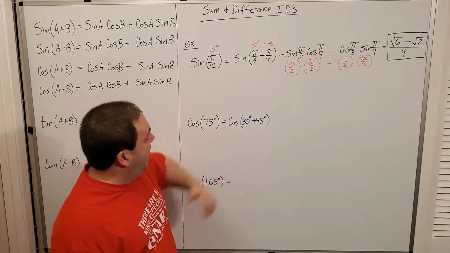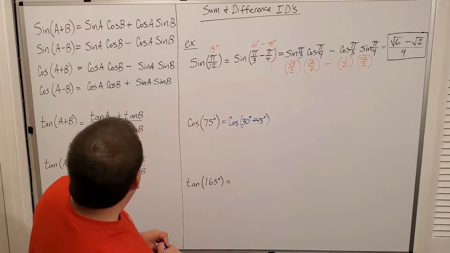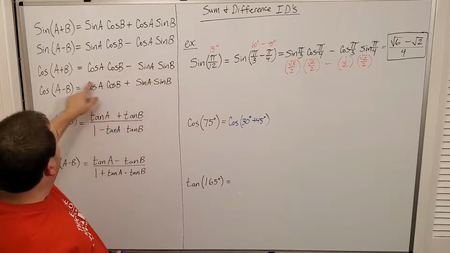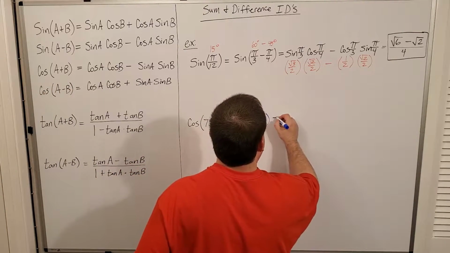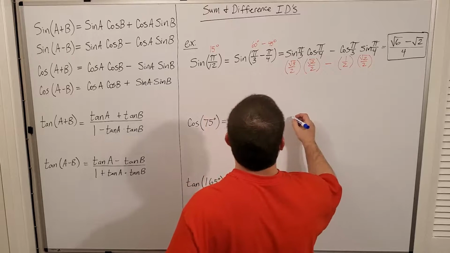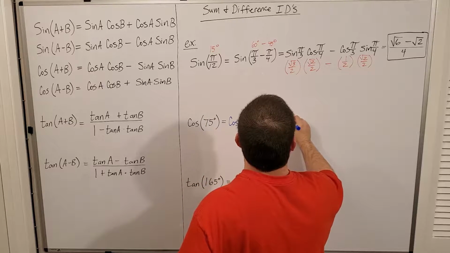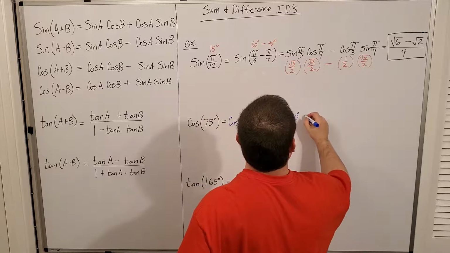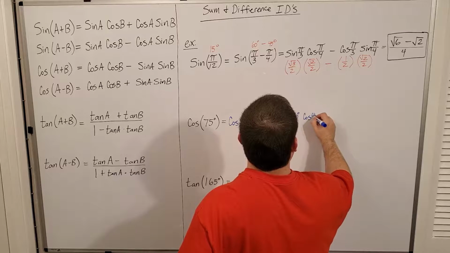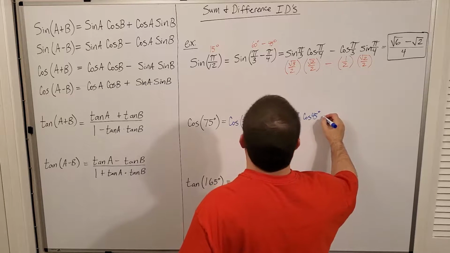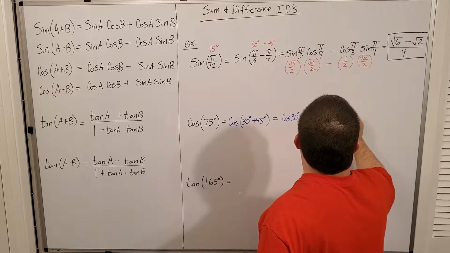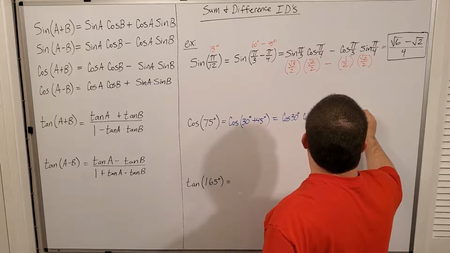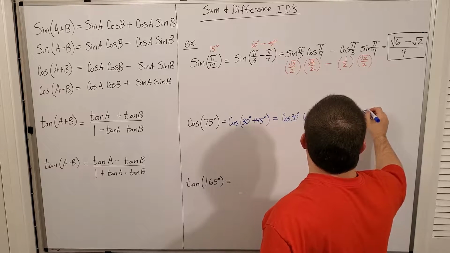So now that I have this structure, I'm going to pick the identity that I want, the cosine of A plus B. So that's going to be equal to cosine of A, so that's 30 degrees, cosine of B, that's 45 degrees, minus sine of 30 degrees times the sine of 45 degrees.